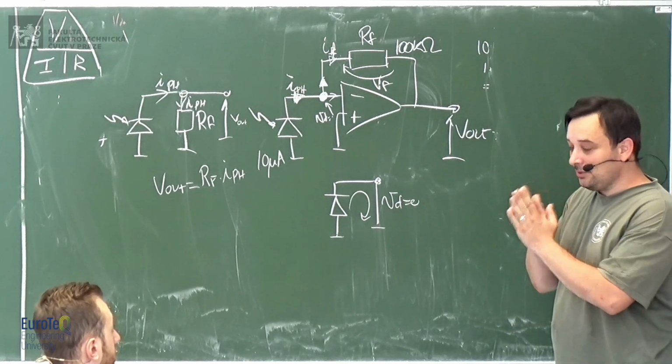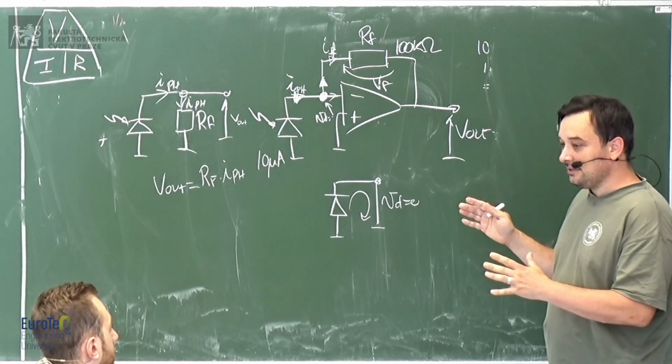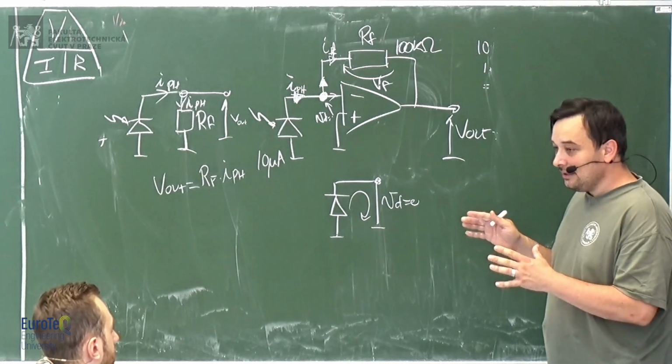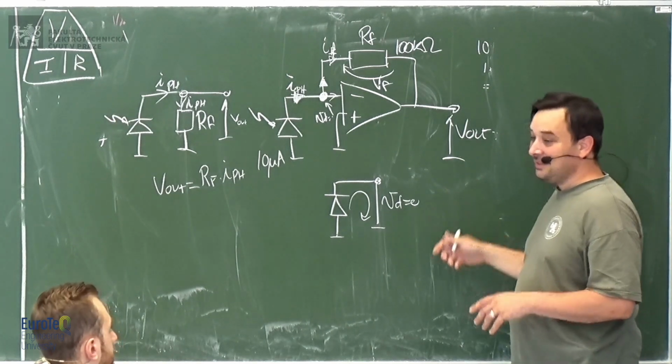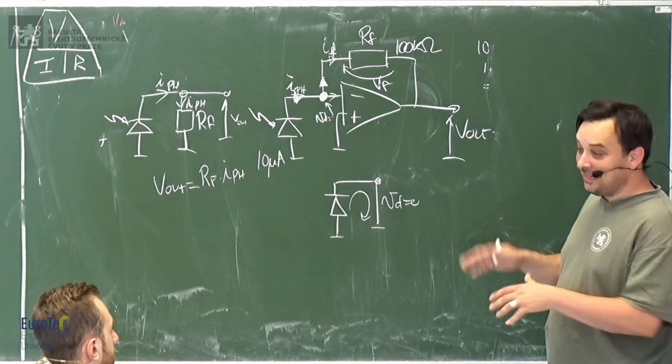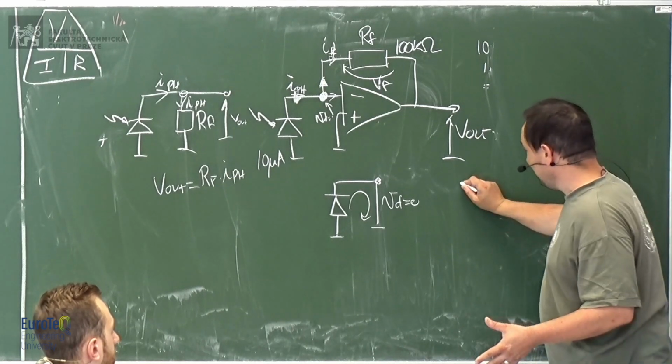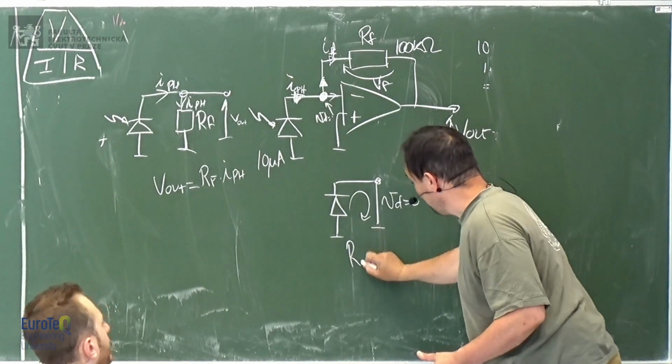If there was infinite impedance, it would mean that the current is 0, right? Oh yeah, you're right.